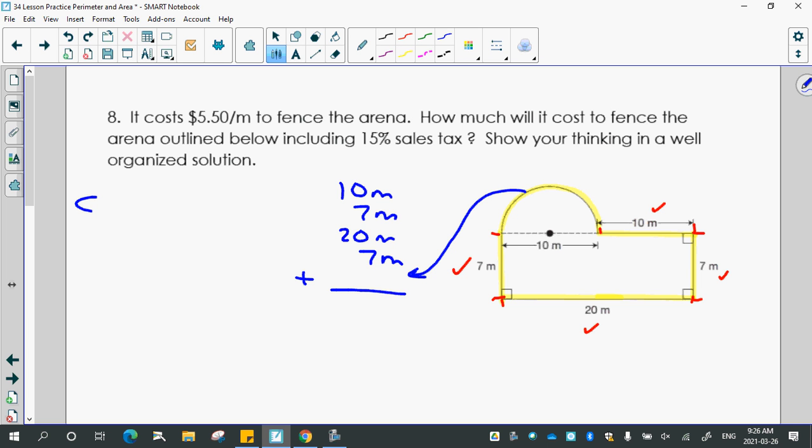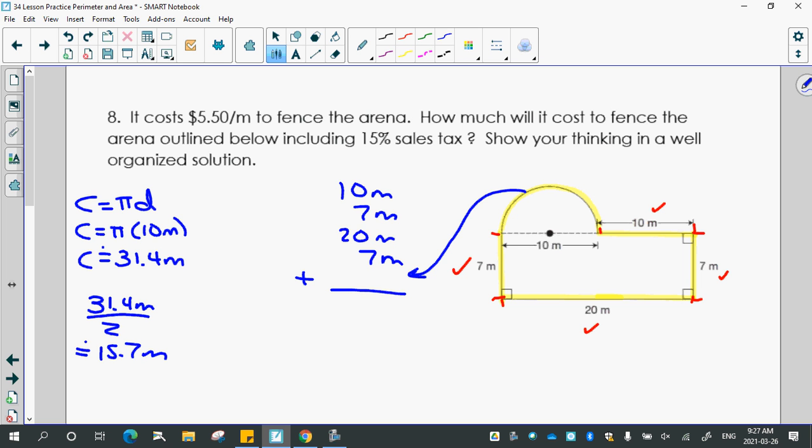Okay, so if I find the circumference of an entire circle, which I know the diameter of, I should divide that by 2. Does that make sense to everybody? 31.4 meters approximately, and then 31.4 meters divided by 2 is approximately 15.7.